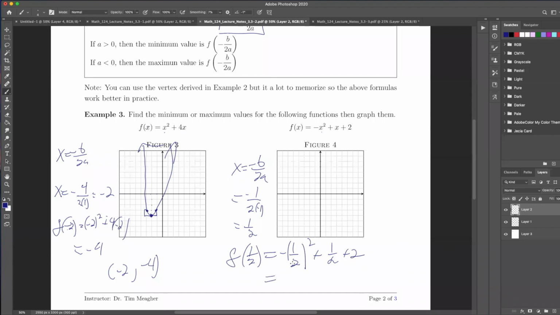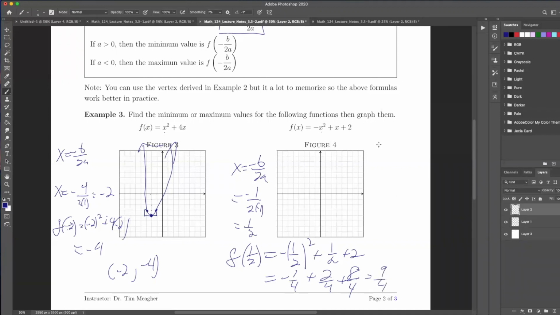This becomes minus a fourth. And since this is a fourth, I'm just going to convert everything to fourths. This is 2/4. This is plus 8/4. Right, 8/4. Convert everything to fourths. So I get 10 minus 1 will give me 9/4.